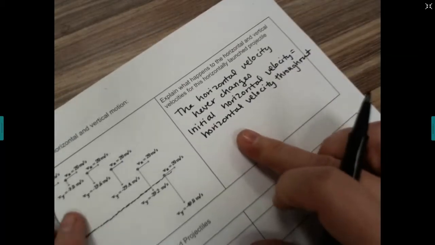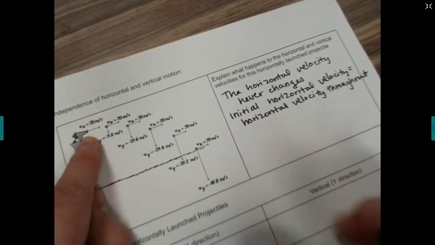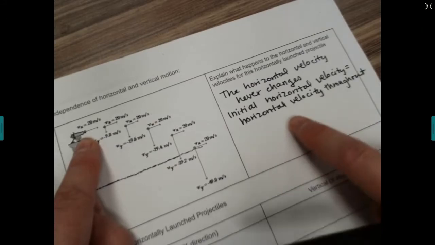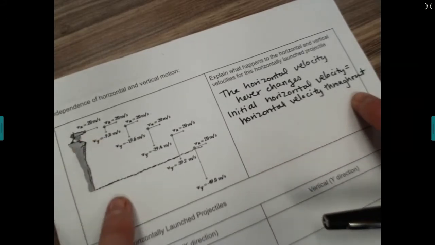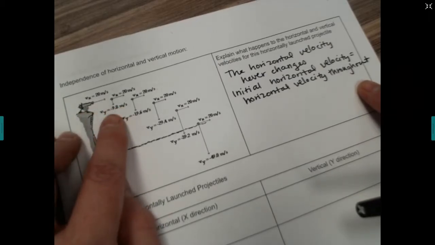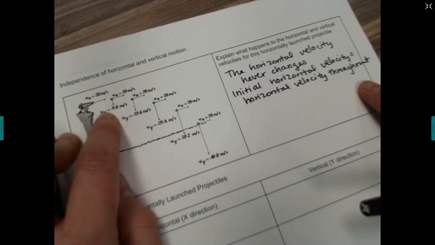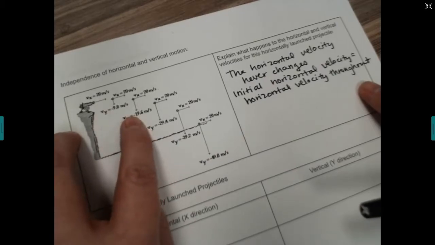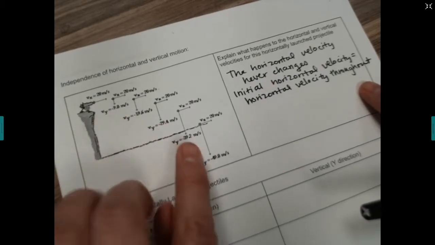So the initial horizontal velocity, whatever the velocity was when it was shot from the cannon, the horizontal velocity is always going to be equal to that. But vertically, you can see what happens. Well, we start with no vertical velocity. After it's been falling for 1 second, we've got this much vertical velocity. That's increasing, increasing, increasing.